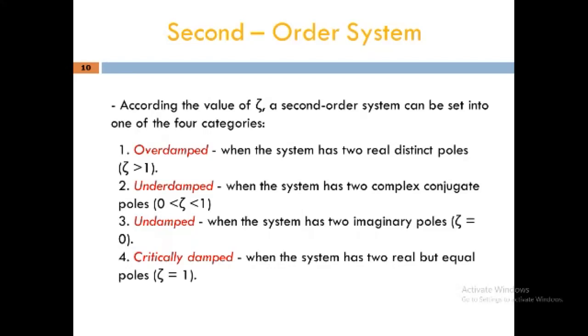So dVc upon Vc is equal to minus 1 upon RC into dt.